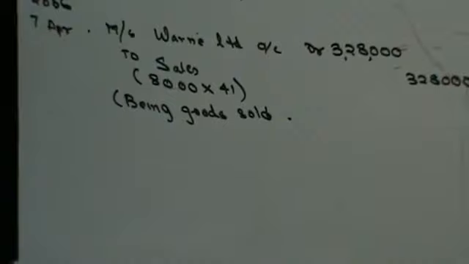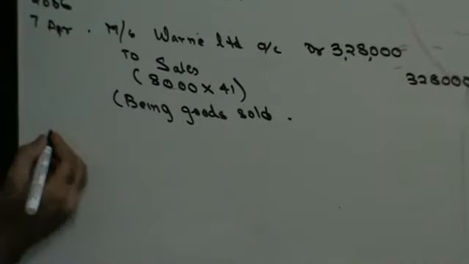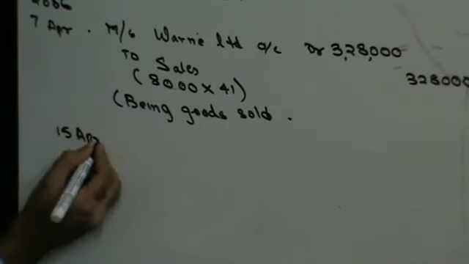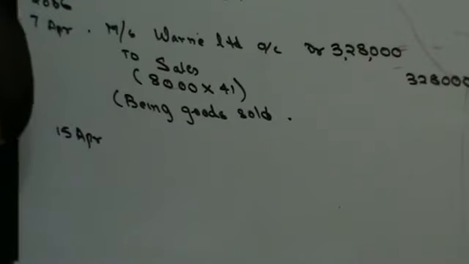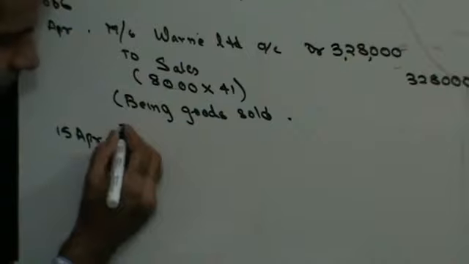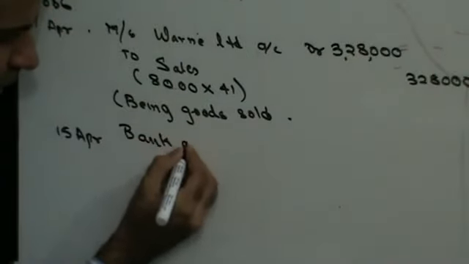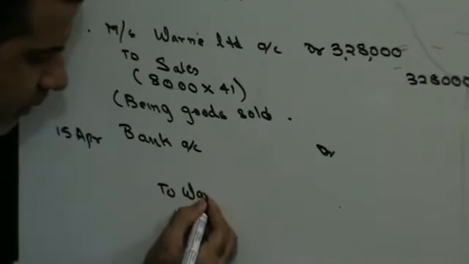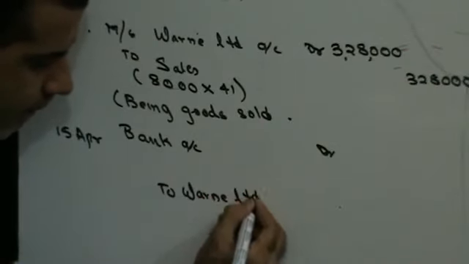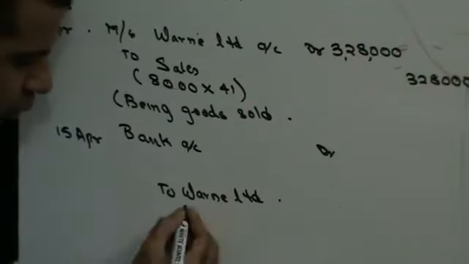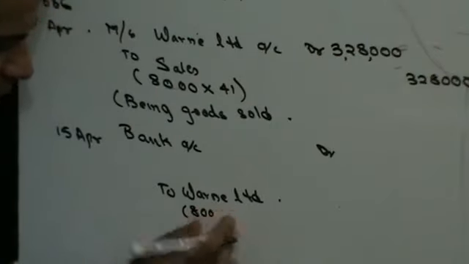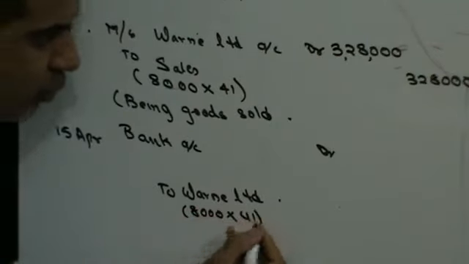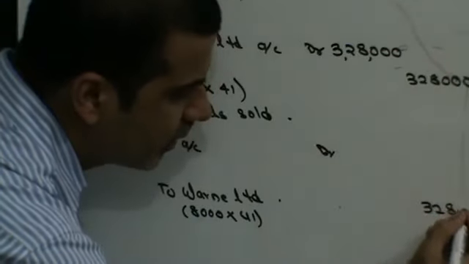Now, you have received payment on 15th April, because the next transaction is on 7th May. So I can receive that payment. You receive payment. Money is coming in. Bank account debit. Leave a line to Vaughan Limited. Right? You had sold goods of 8,000 at 41, which was 3,28,000.